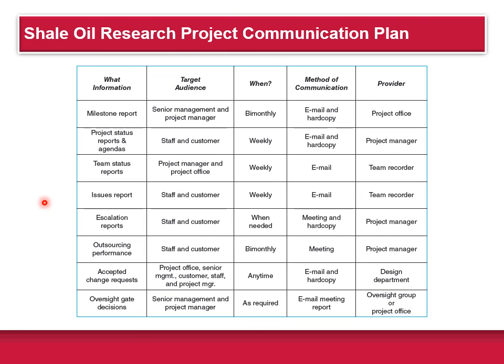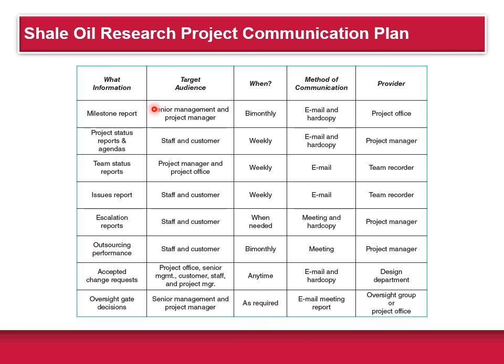The book has an example of the Shale Oil Research Project Communication Plan. And this is a nice way to do it here. You see at the top you have what information we're putting out, who the target audience is, when we're putting out the information, how we're going to communicate with them, and who's going to actually do the communication.